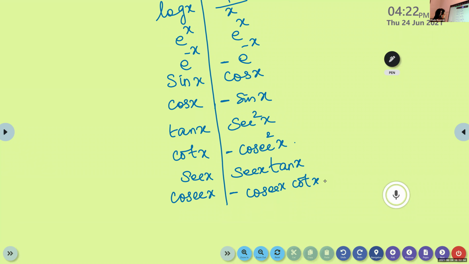So these are the formulas we have learned in the limits and derivatives chapter.